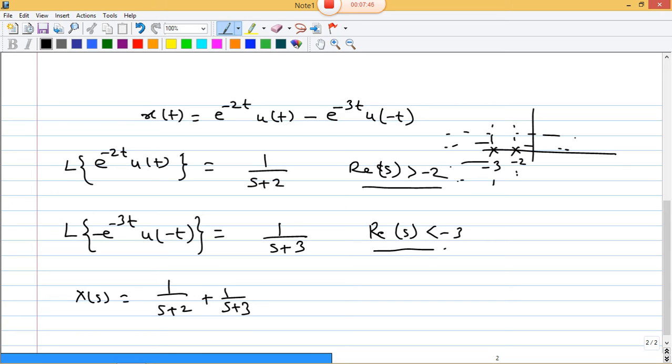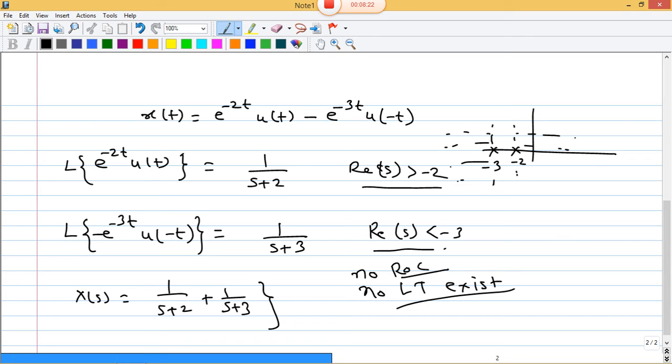So if no ROC is there, then no Laplace transform. I have written the Laplace transform, but no Laplace transform exists for this function, because the ROC is not there. No ROC means no Laplace transform.